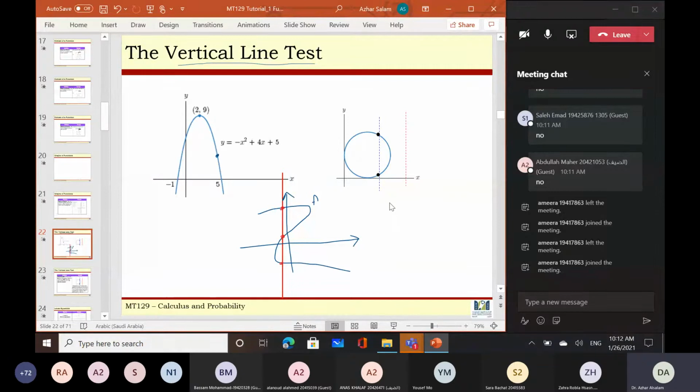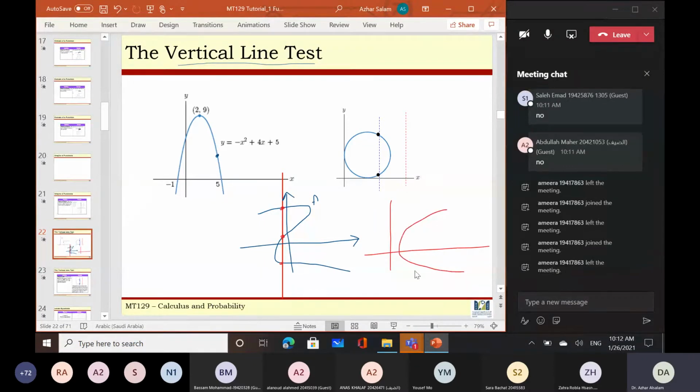Also, let's draw another function like this. This is what we used to call a قطع زائد, or parabola. If I move this vertical line like that, here I will have only one intersection point.